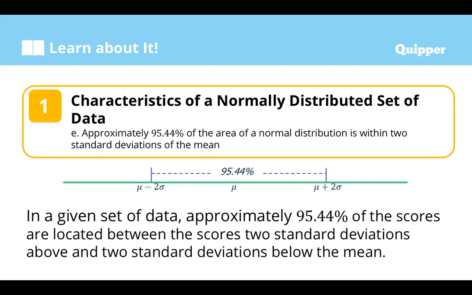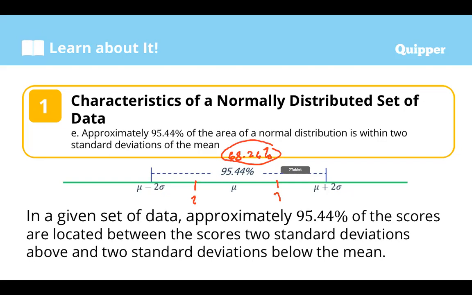E. In a given set of data, approximately 95.44% of the area of normal distribution is within two standard deviations of the mean. If we are only using yung nauna kanina, 1 standard deviation below the mean and 1 standard deviation above the mean, it is only 68.26%. Right?